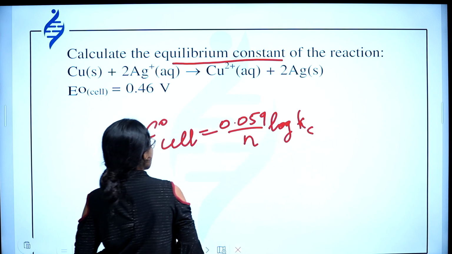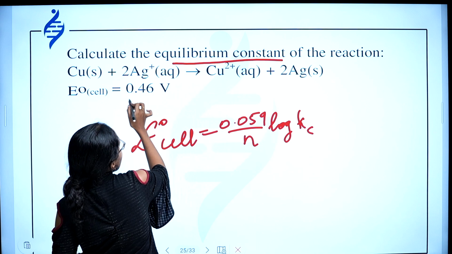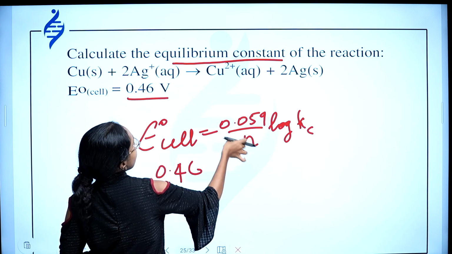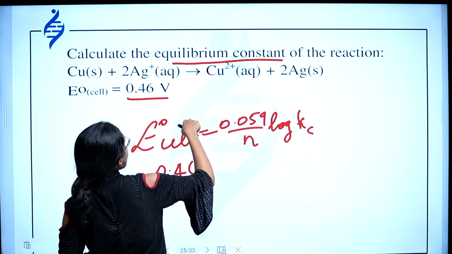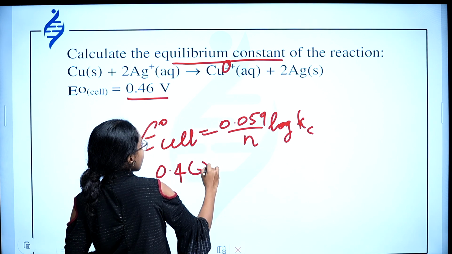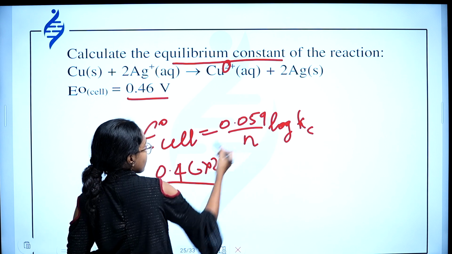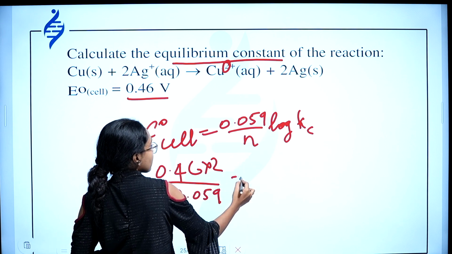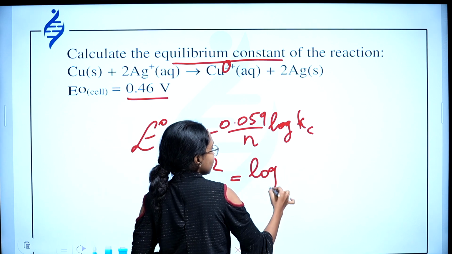The values are already given in the question: E naught cell is 0.46. Taking it to the left side, it gets multiplied with E naught cell. n is actually 2, so 2 into 0.46 divided by 0.059, when taken to the left side, will give you log Kc.